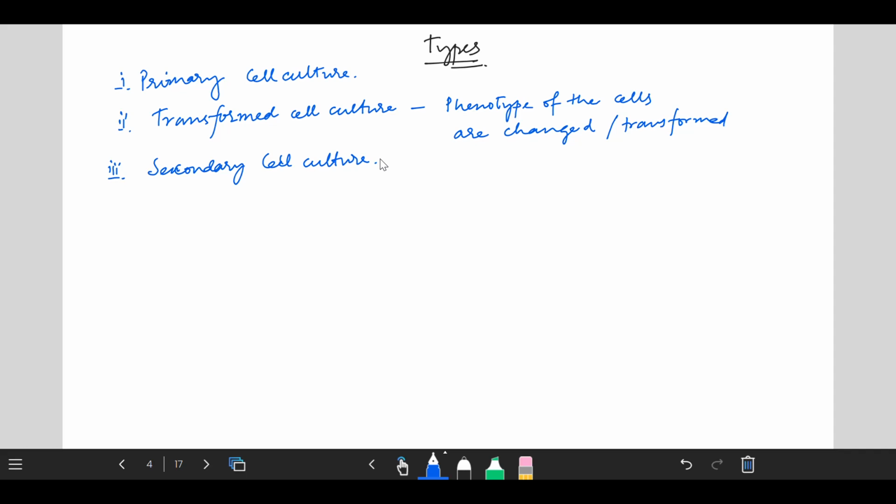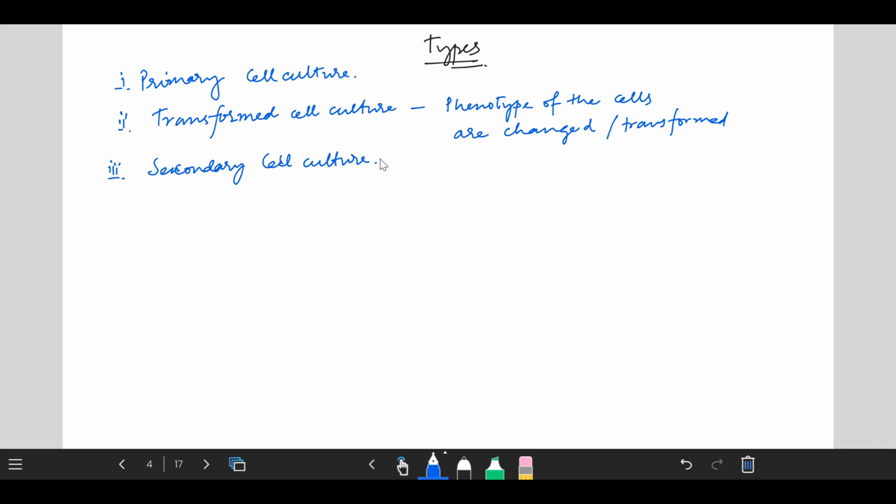When the cells are collected from primary cell culture and then subcultured and grown for a longer period of time in a fresh medium, that will form secondary cell culture. Okay. So what do you mean by subculture? Subculture is a procedure of transferring cells into fresh medium from the stock medium or stock culture. Here the stock culture is obviously the primary cell culture.